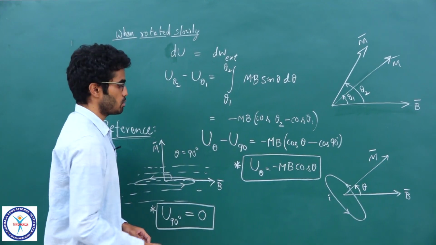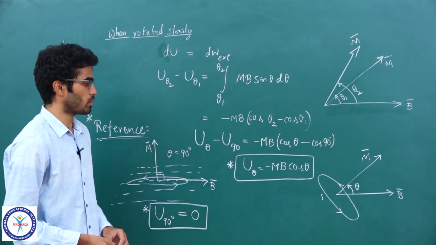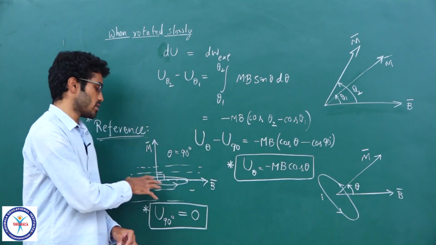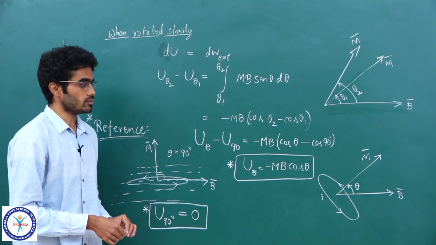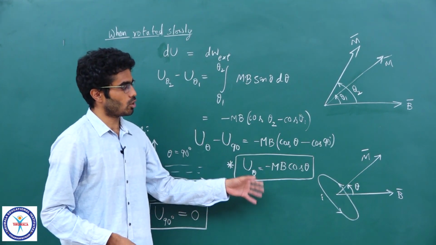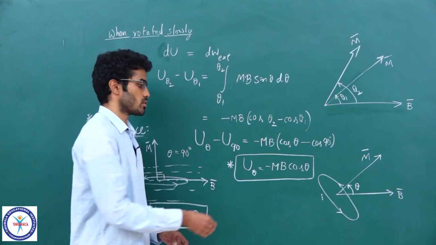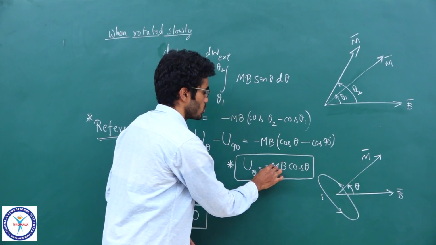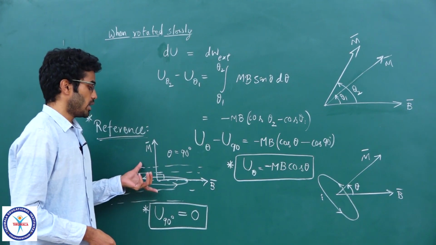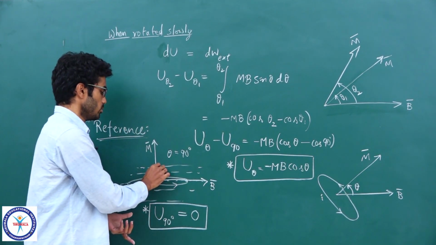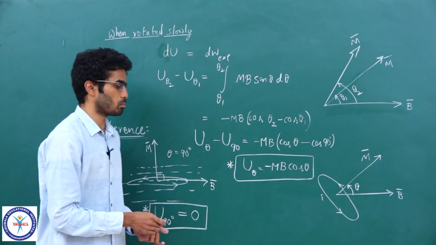So, we get the expression u theta as minus mb cos theta. What does this imply? By treating this configuration as the reference with respect to that situation, now the potential energy of the system for any angle theta can be given by this expression. So, minus mb cos theta gives you potential energy only because you have taken the reference in this situation as 0 for 90 degrees angle. This is a very important thing.